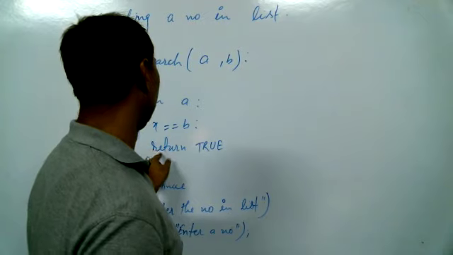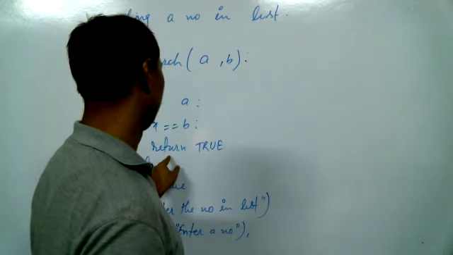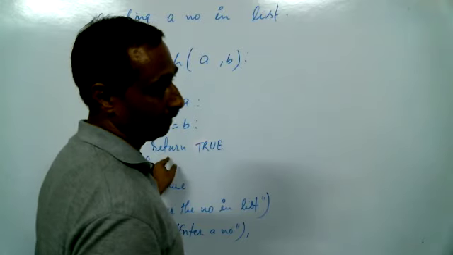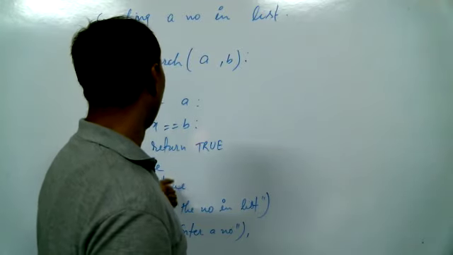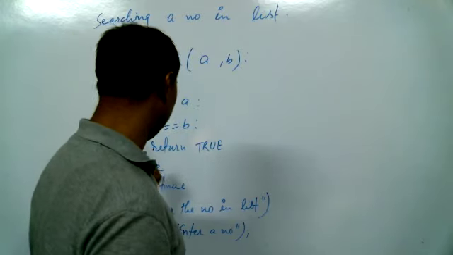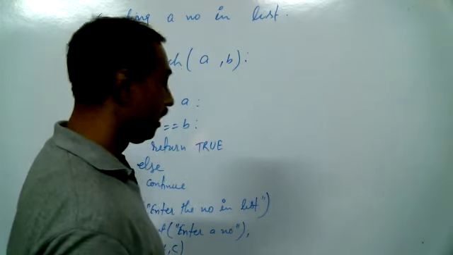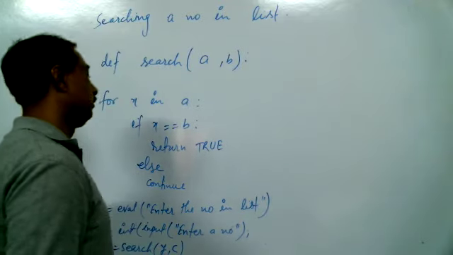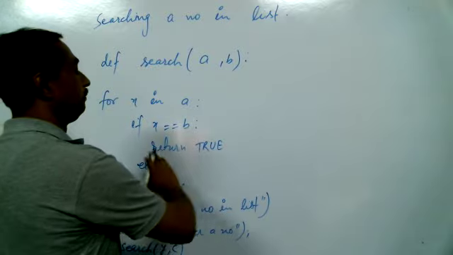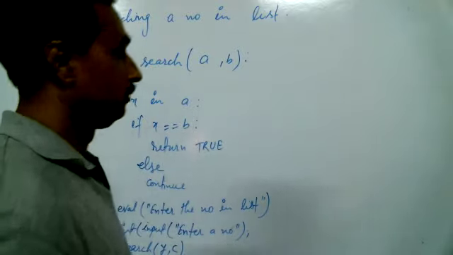Here you can put the break statement also for breaking the loop. If you let it continue, then also you will get this answer correct. But you can break so that it will not continue further.